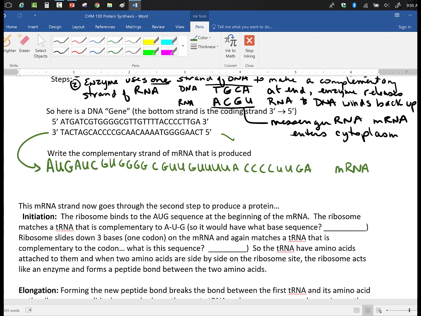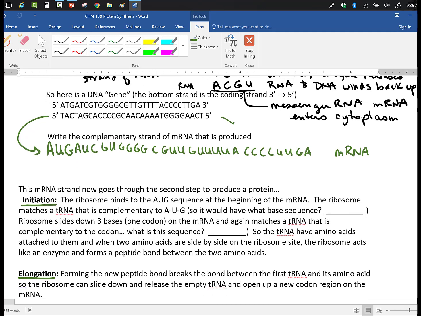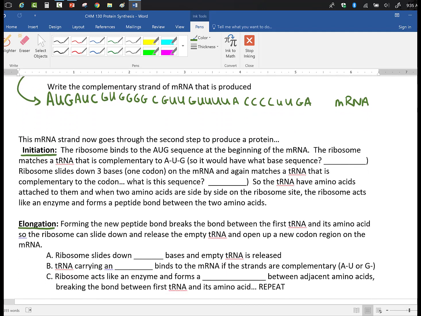So there's 3 steps that happen in translation. There is the beginning, the middle, and the end. They call it the initiation, the elongation, and then termination. The beginning of the protein synthesis step is when the ribosome binds to the beginning of the mRNA.